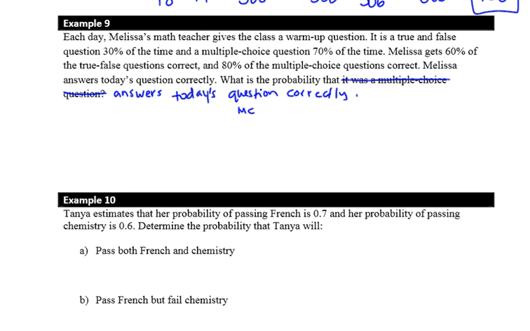So there's a type of question, and then there's whether it's correct or false. So we have 2 types of questions, true or false, and then multiple choice.